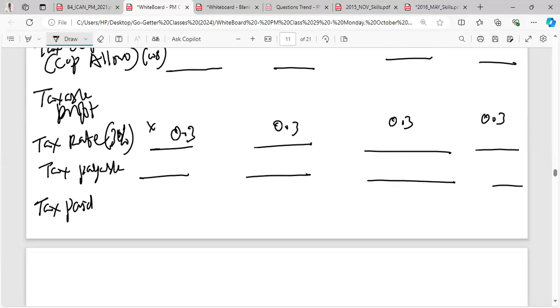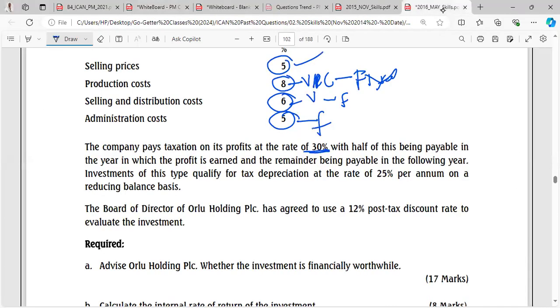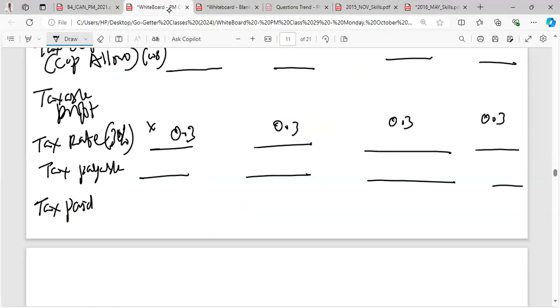Now what did they say here? With half being payable this year, in which the profit is earned, and the remainder payable in the following year. So the way I will put it, tax paid this year, next year.